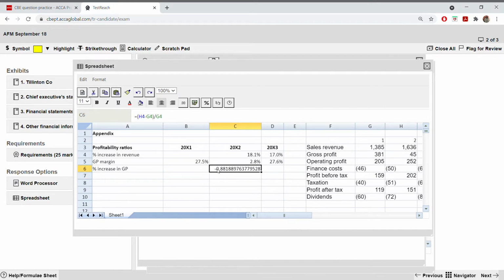It cannot be 81% increase. Something somewhere is wrong. It is supposed to be 18.4 and 17.1.